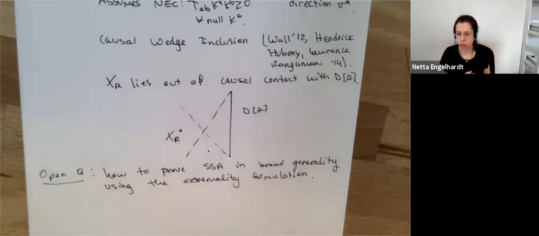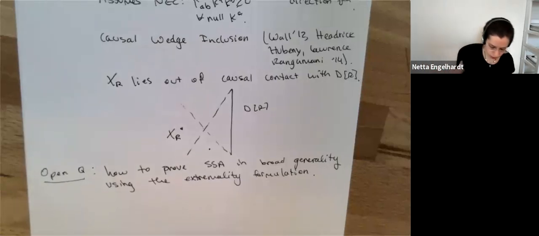And the reason it's so much harder is that it is no longer guaranteed that the extremal surfaces of A and AB and ABC and BC and AC all lie on the same Cauchy slice. And once they don't all lie on the same Cauchy slice, how are you supposed to be comparing their areas? How are you supposed to be adding and subtracting pieces of the areas when you can't put them all on a single Cauchy slice?